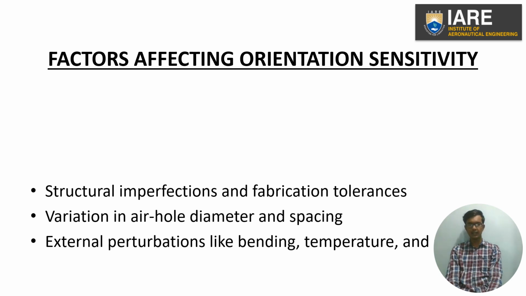And external perturbations like bending, temperature, strain, and many more can occur. Hence, these are the factors which affect orientation sensitivity a lot. Now, let's go to the next slide.